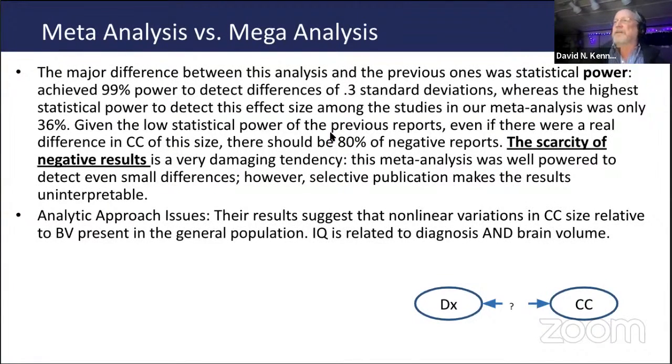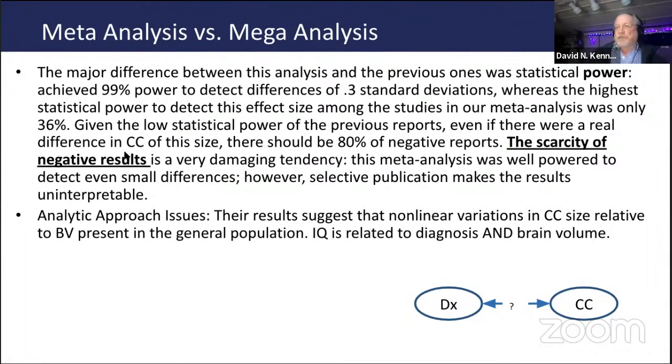And if there were an effect of that size, there really ought to be many more publications or observations that did not see it. So again, this is an example probably of publication bias and reporting bias, whereas the mega-analysis that was performed had a 99% power to detect an effect of this sort of 0.3 standard deviations, and yet this is the publication that did not see this.